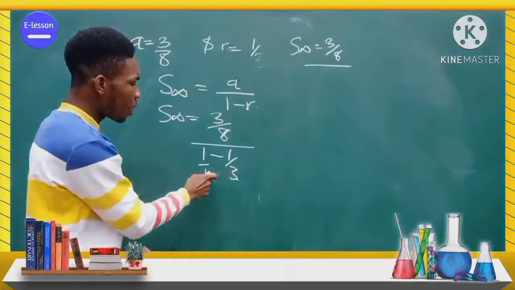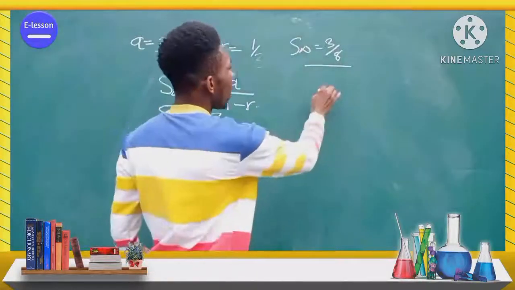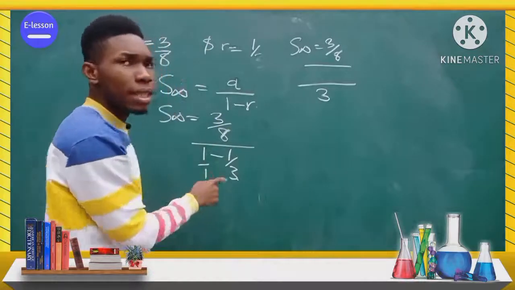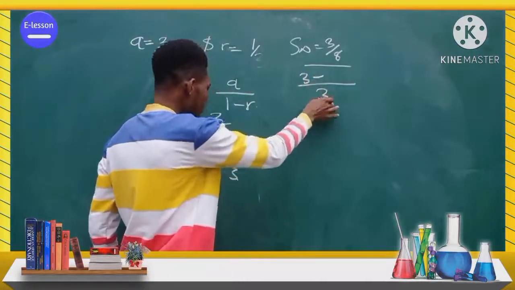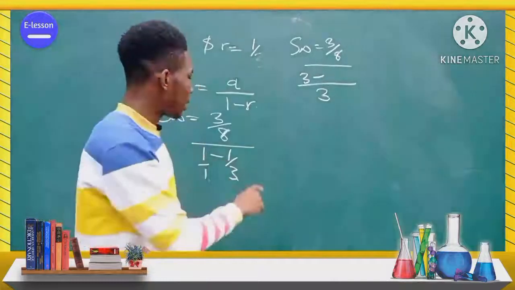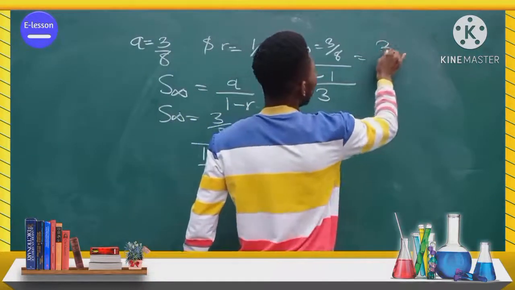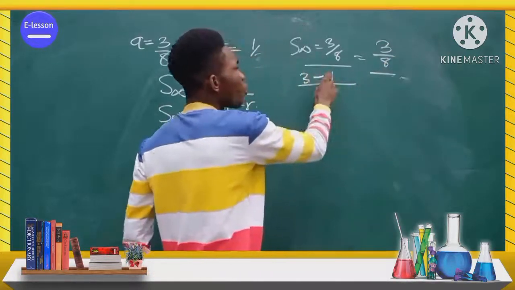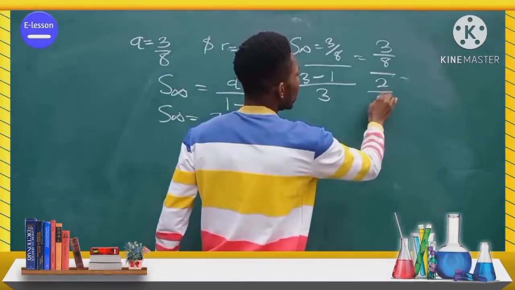What's the LCM of 3 and 1? It is 3. So you have 3 divided by 1 is 3 times 1 is 3, minus 3 divided by 3 is 1 times 1 is 1. So this gives us 3/8 divided by 3 minus 1, which is 2, over 3.